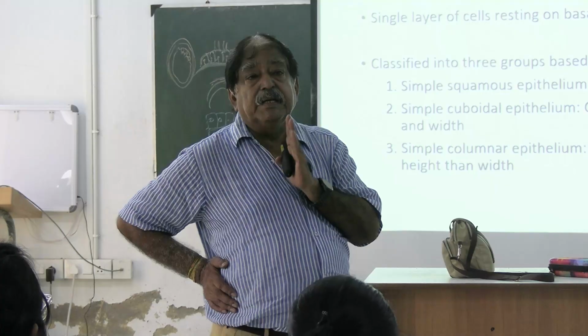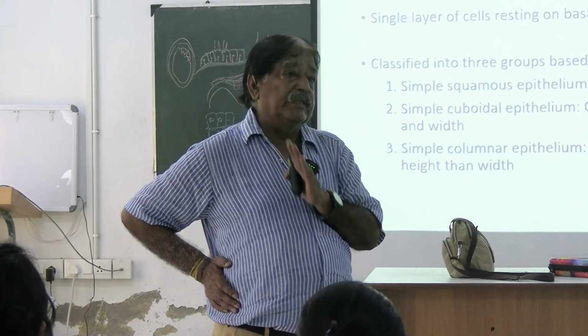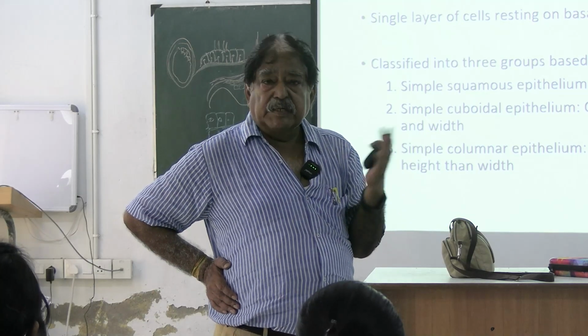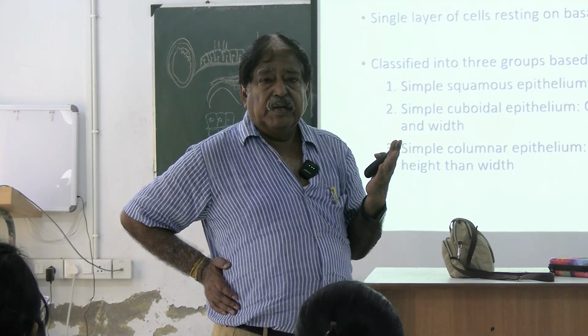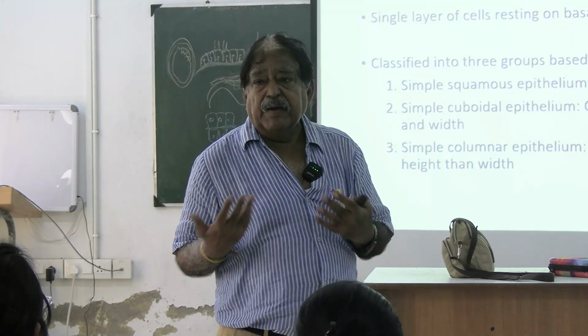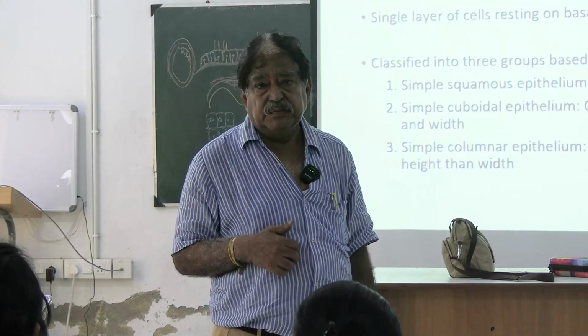But each day, each slide, each class, you don't miss. Either it is my class or anyone's class, the different batches I'm telling you. At the end of the year, you will come and say, I have not seen this slide. You cannot blame us.